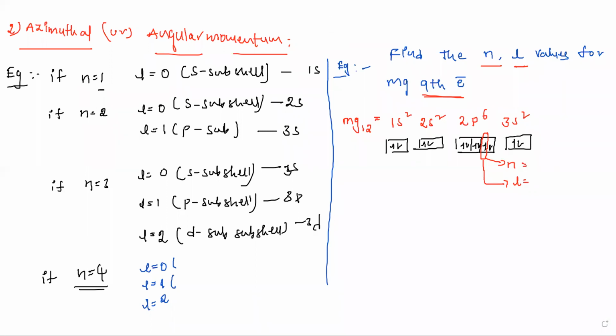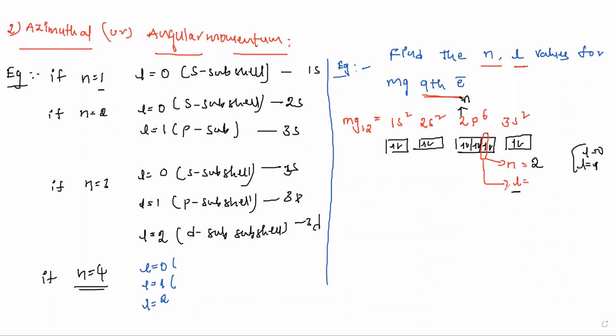So what is its principal quantum number value? Simple. The principal quantum number value is the shell in which the electron is present. This electron is in the second shell. That's why here n is equal to 2. And the L value: if n is equal to 2, the possible L values are 0 and 1.